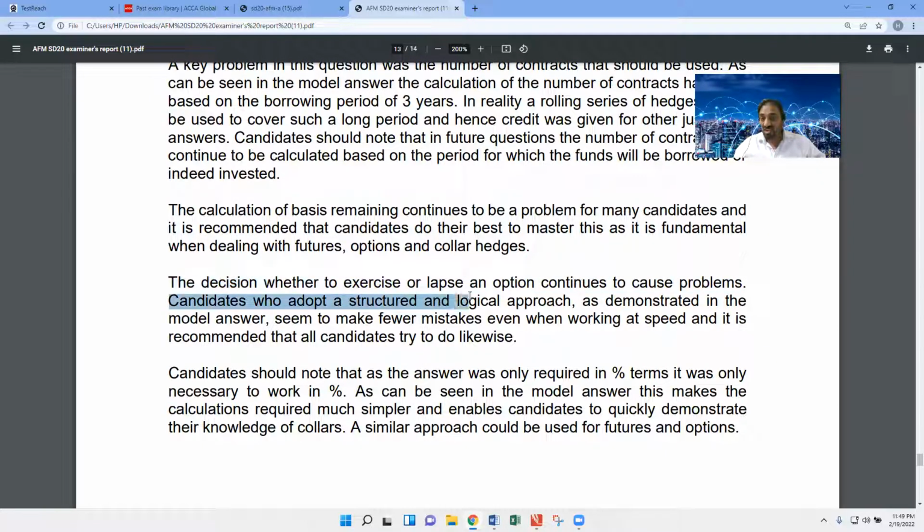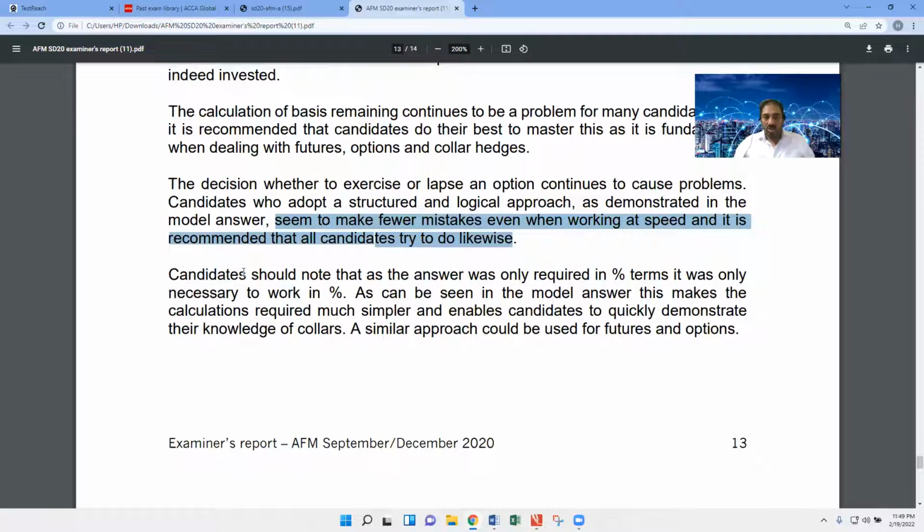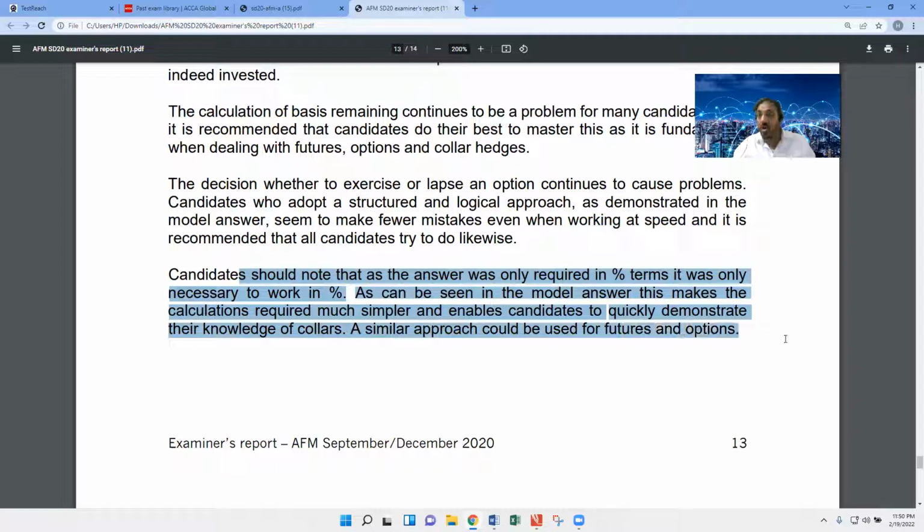Candidates should adopt a structured and logical approach as demonstrated in the model answer, and like the answer we did, they seem to make fewer mistakes even when working at speed, and it is recommended that all candidates try this. Note that the answer was only in percentage, and it was necessary to use percentage, as can be seen in the model answer. This makes the requirement much simpler and enables candidates to demonstrate their knowledge of collars. A similar approach could be used for futures and options, not in this case, but in other cases.